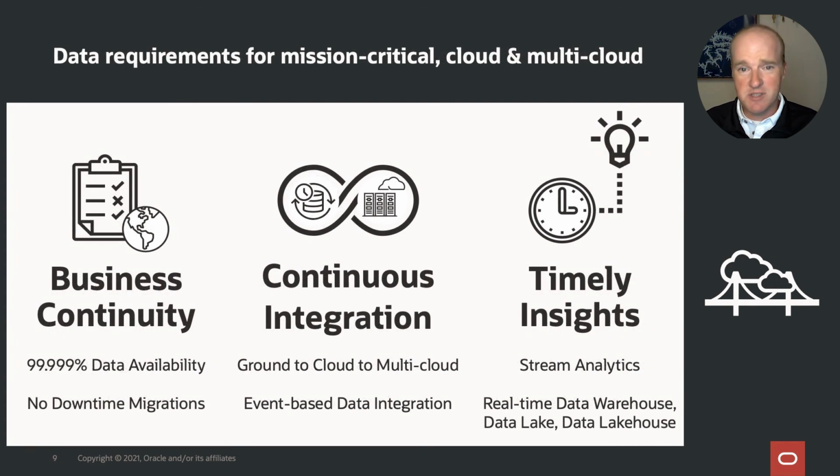So the requirements that we see coming out of this are requirements for our mission critical cloud and multi-cloud. The first one, back to availability, is business continuity, making sure we have five nines of data availability, and that when we are migrating an app or a database, there's just that time when we flip the switch.